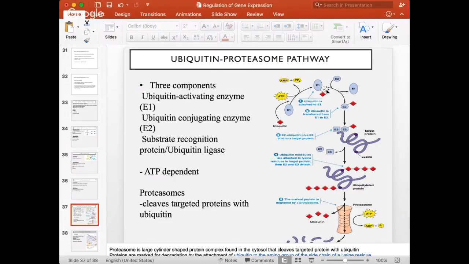E2 with ubiquitin and E3 bind to the target protein. E3 covalently attaches ubiquitin to lysine amino acids on target proteins. The ubiquitin chain forms and E2 and E3 both dissociate. Then the target protein is degraded by proteasomes into short peptides.